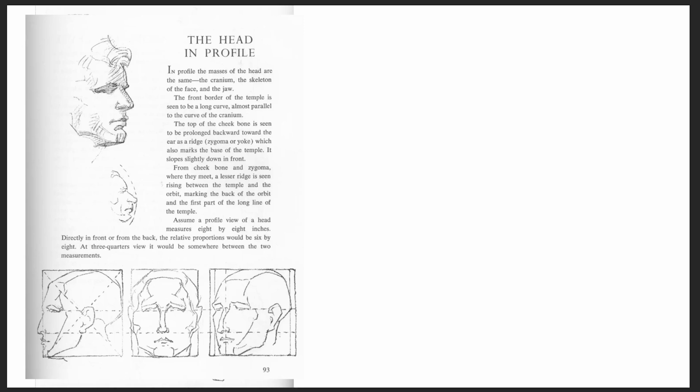What he's doing on this page is relating all three of the views to one another in their measures and aligning the lines so that you can see that those lines traverse all the way around the form regardless of the view you're seeing. I think the biggest takeaway here is this particular drawing over here. The brow does not line up with the mouth underneath.